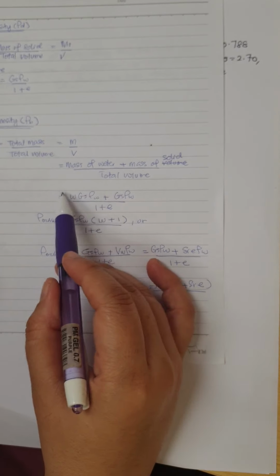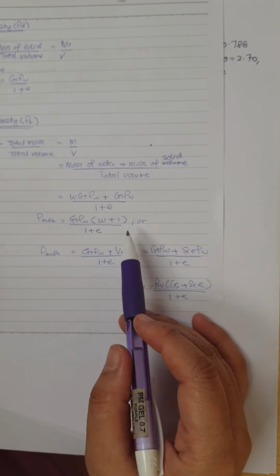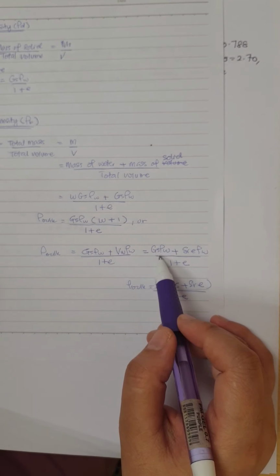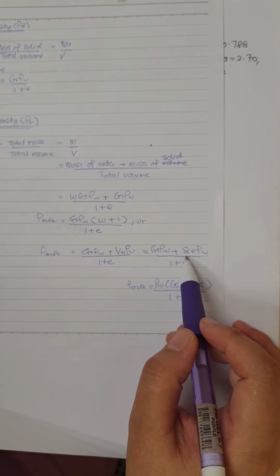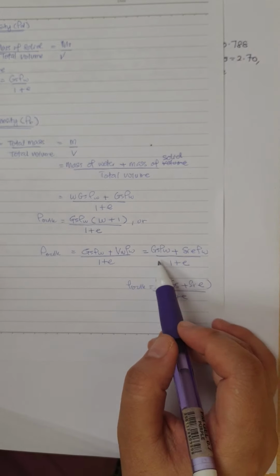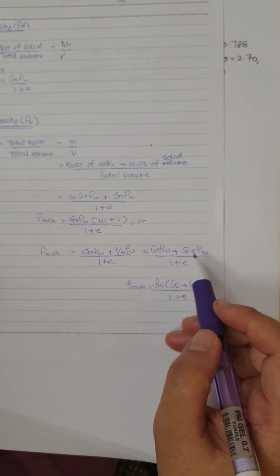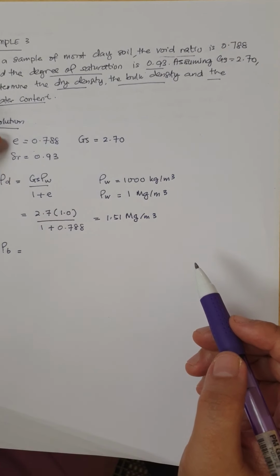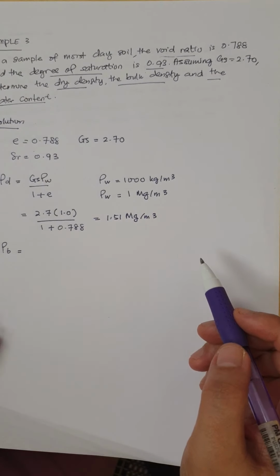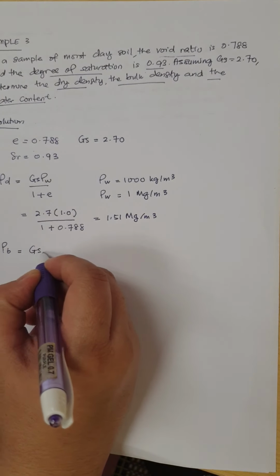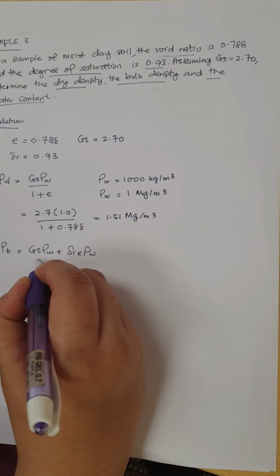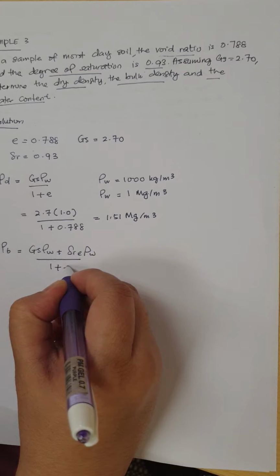Rather than use the previous equation, when I calculate bulk density, I can also use Gs rho w plus Sr e rho w over 1 plus e, because in the question I have the Sr value, I have the e value, and I also have the Gs value. So using that equation, Gs rho w plus Sr e rho w divided by 1 plus e.